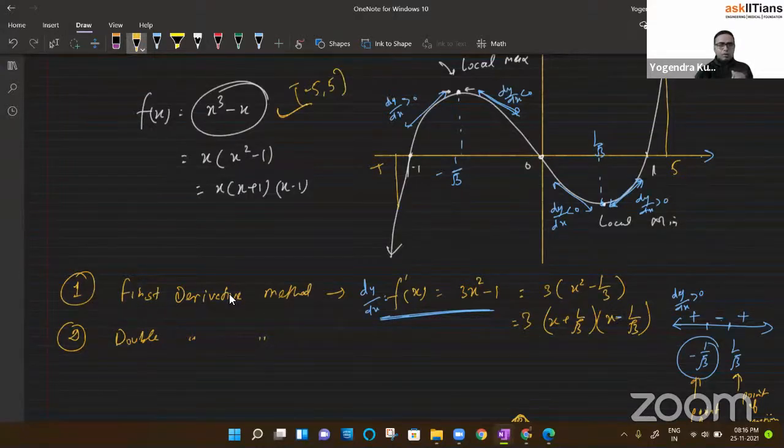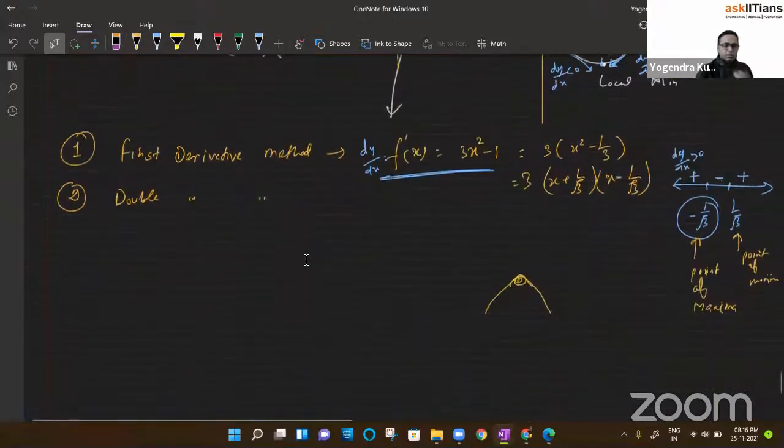So at those boundaries also we will check the values. At minus 5, what is the value of the function? At plus 5, what is the value? Whichever is the maximum out of f of minus 5 and f of 5, that is our maxima. So we can decide easily. Is everyone getting it or not? This whole picture, what is happening?